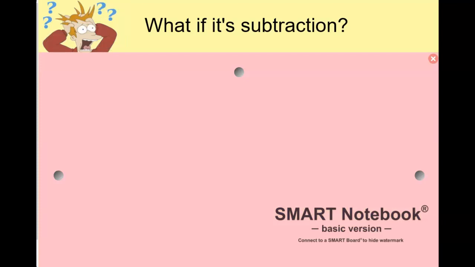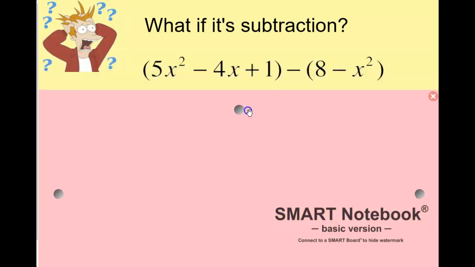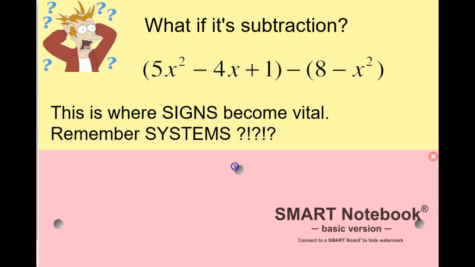Oh no! What if it's subtraction? Guess what? The only thing that matters is that you remember that signs are vital. Remember when we had systems and we were worrying about the signs? We need to do the same thing here.